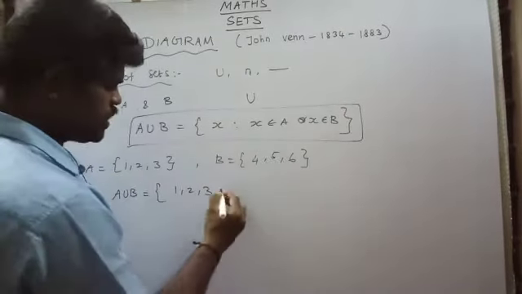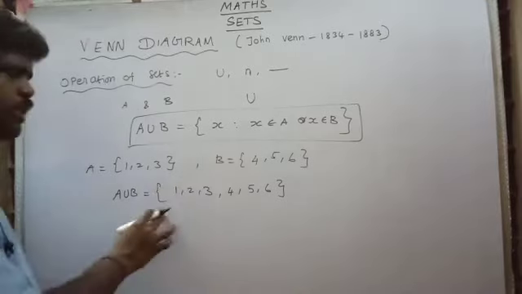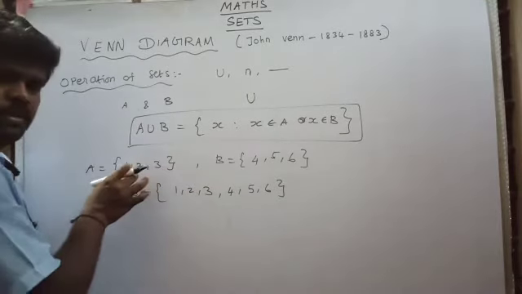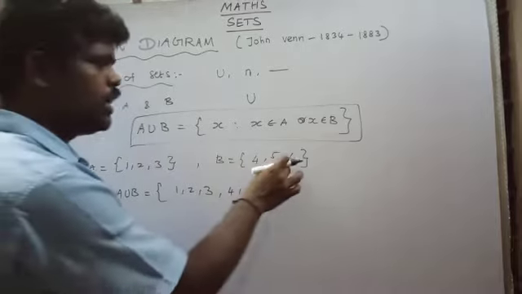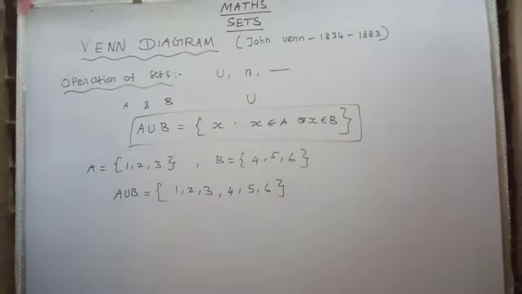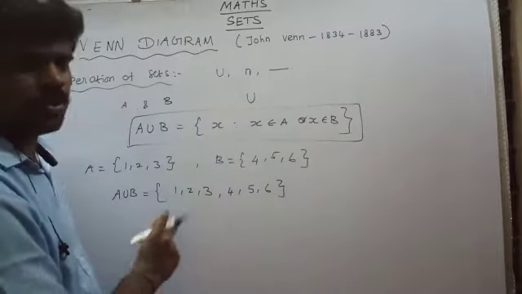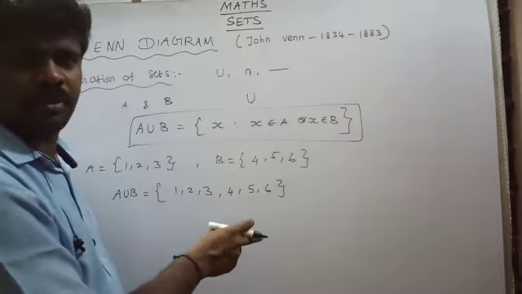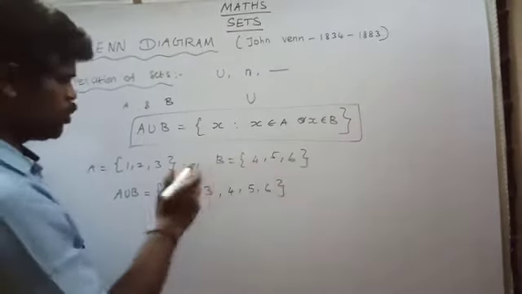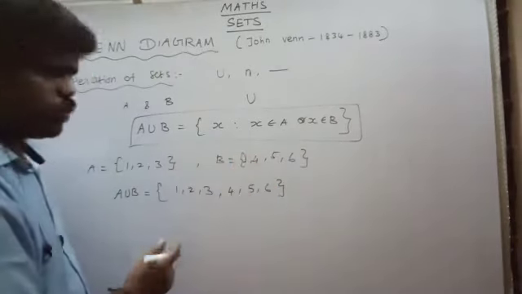So let us write A union B, with both the elements in A and the elements in B. But the common elements are taken only once, not twice. Suppose 3 is common. If we want to find A union B, these common elements are taken only once. Okay, so this is the example of union.